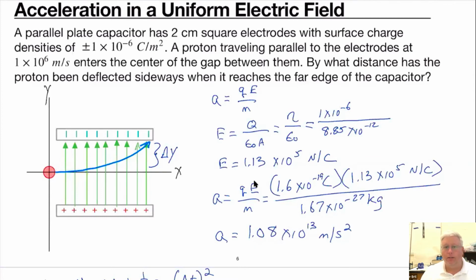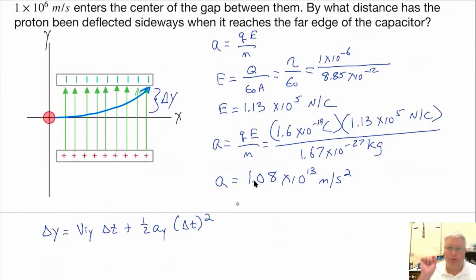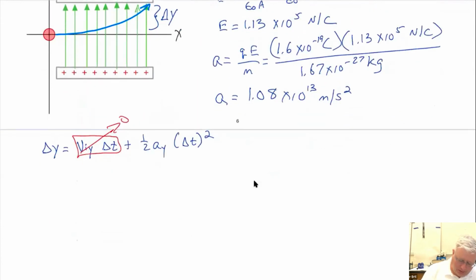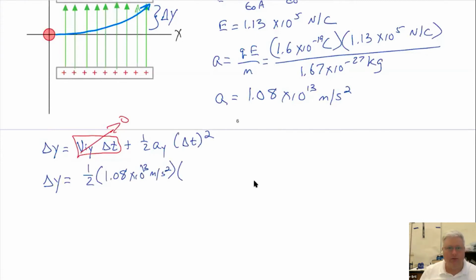So what do we know about its initial y component of velocity? 0, right? We've done this before when we shot a projectile horizontally. So this whole term goes to 0, and the deflection, that displacement, is just 1/2 the acceleration, which we calculated, times the time interval squared.